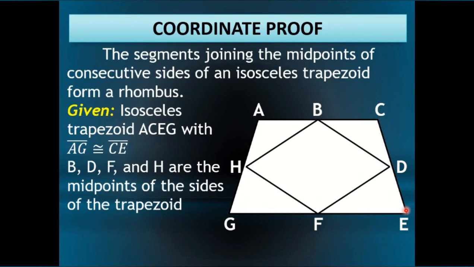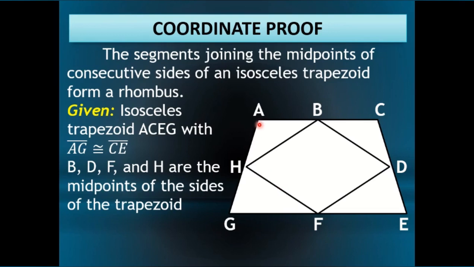And then from here, we have points B, D, F, and H that are midpoints of the sides of the trapezoid. For line segment AC, point B is the midpoint. For line segment CE, point D is the midpoint. For line segment GE, point F is the midpoint.